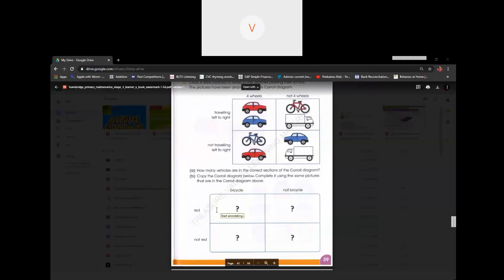Yeah, that's basically what he said. It goes in the first row. So red bicycle and blue bicycle. Okay, so the two blue cars are on the second row.